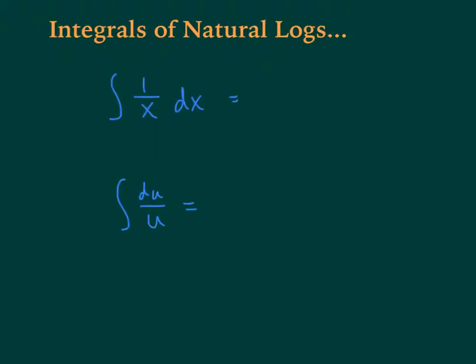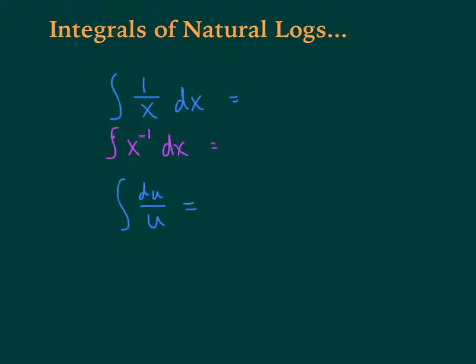Okay, so if I want to take the integral of 1 over x dx, of course I could rewrite that as the integral x to the negative 1 dx. And if I used my normal rules that I've been using all along, and some of us have stumbled upon this before and recognized that it would be impossible to use my normal rules. So let's just give it a try and see what happens.